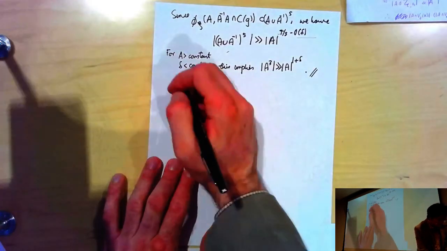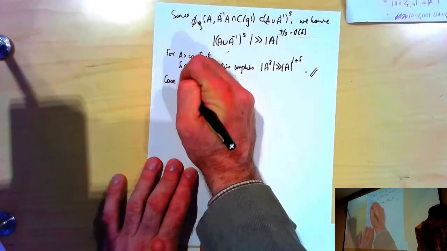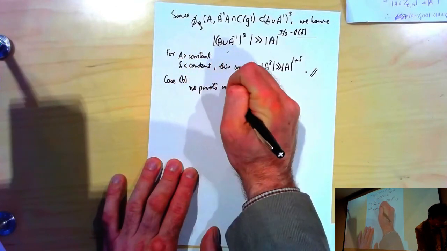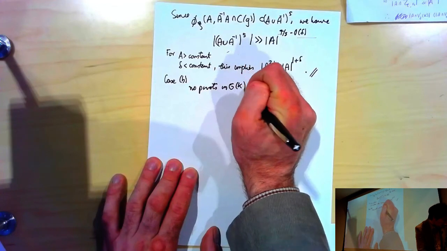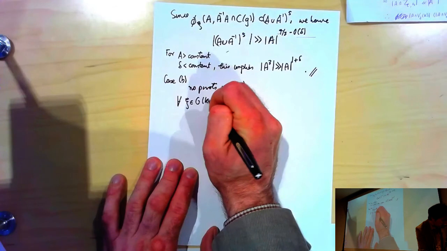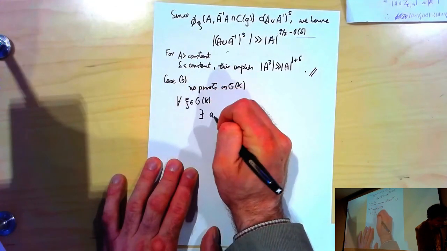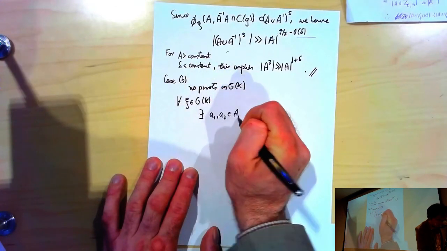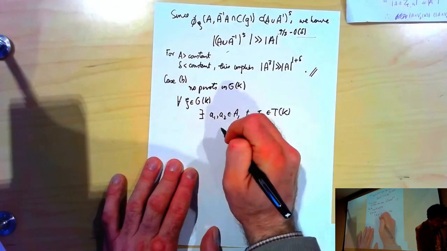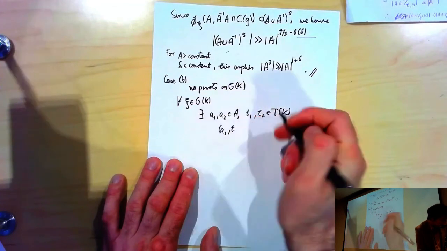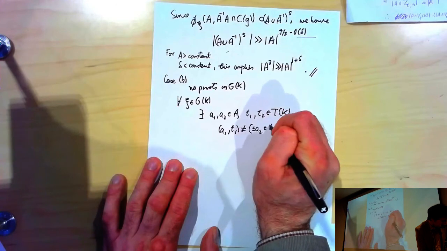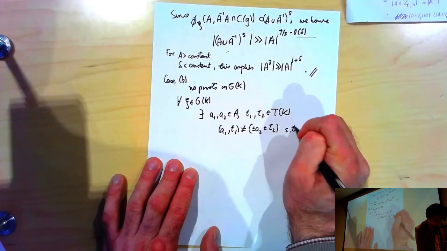Very well. So case B. No pivots in G of K. This means that for every xi there is a collision. For every xi there exist A1, A2 in A, T1, T2 in T of K, and they are distinct, even modulo plus minus 1. And they collide. Their images are the same.